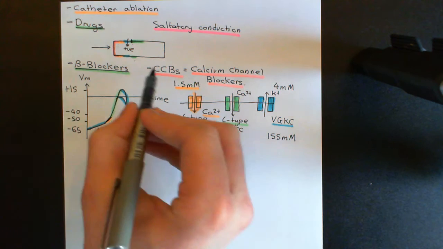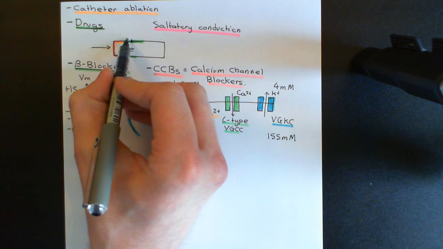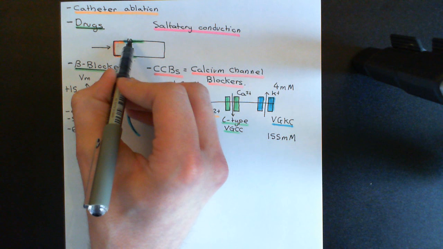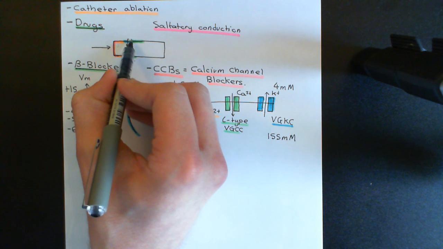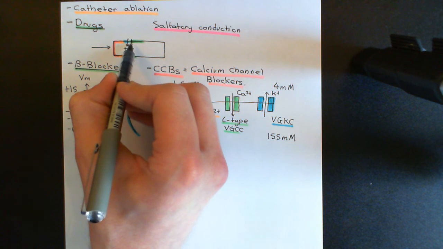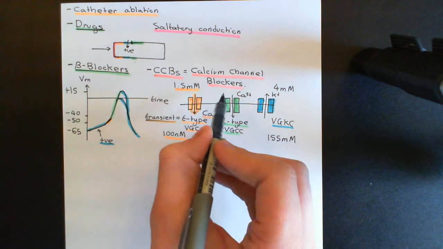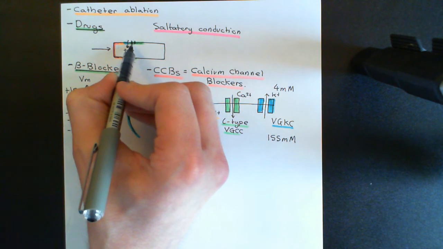If we have reduced the amount of positive charge that is coming in when this blue portion of membrane undergoes an action potential, then the spreading influence of this is going to be reduced. You're only going to spread to a very small neighbouring patch of membrane, and then when that undergoes an action potential again, it'll bring in a very small amount of positive charge now because of the calcium channel blocker, and then it'll just spread to the neighbouring small portion of membrane.